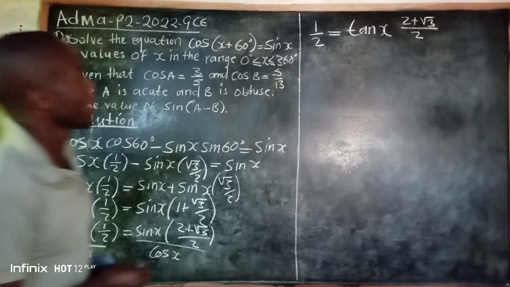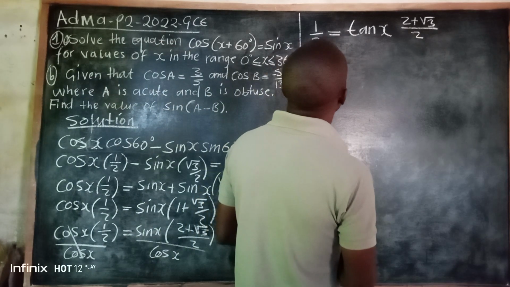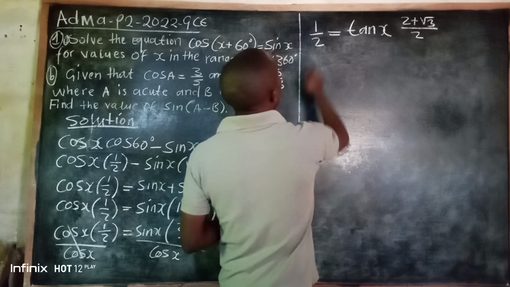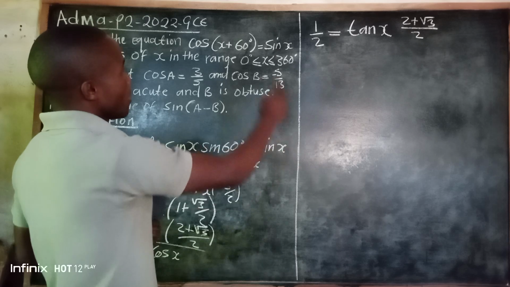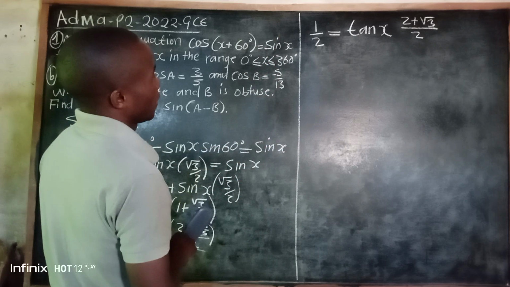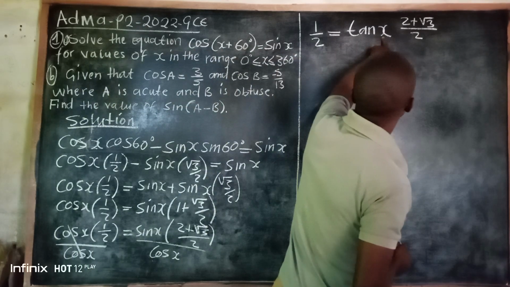So now from there, this one will go to the other side so that we can just remain with tan x.